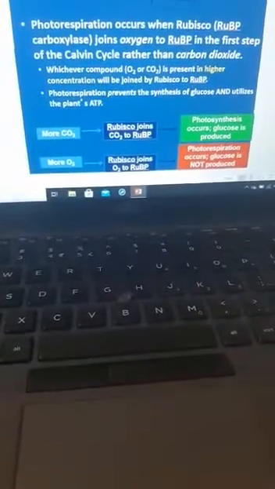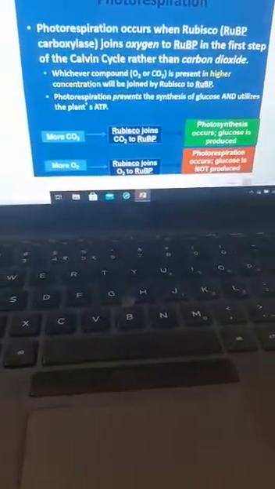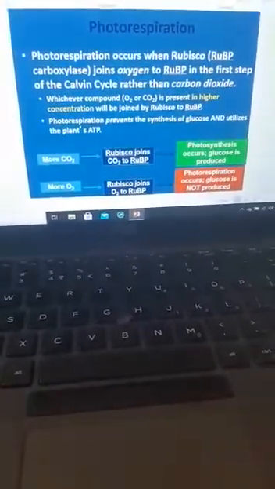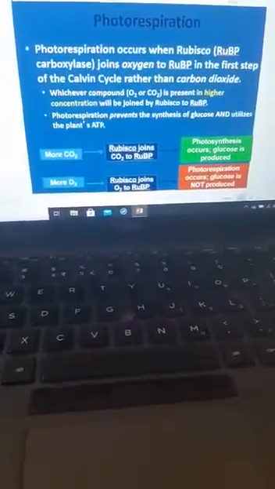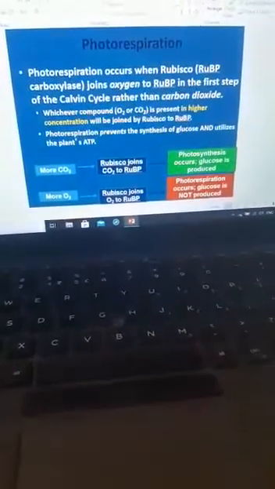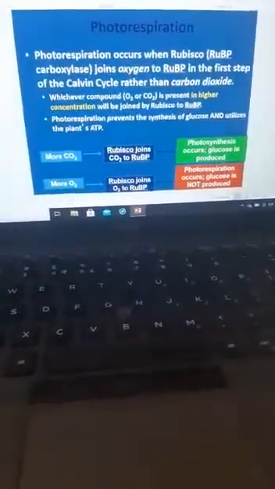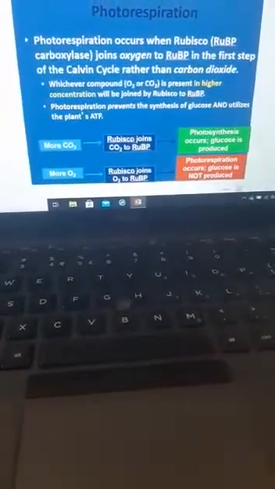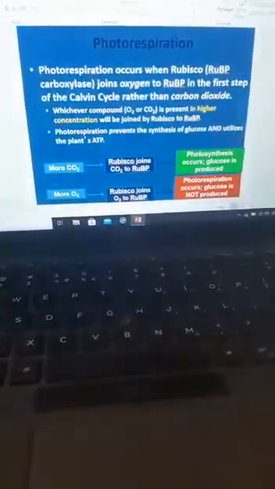So it becomes RuBP oxygenase. And when that happens, the process of photorespiration starts to take place. Every time photorespiration is taking place, photosynthesis is not, because carbon dioxide and oxygen compete for their attachment on RuBP.